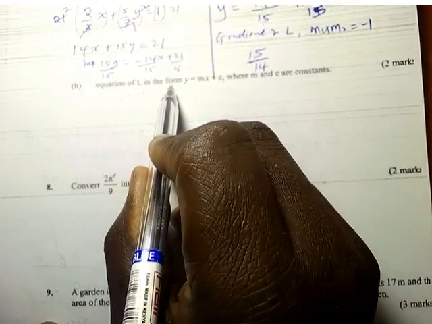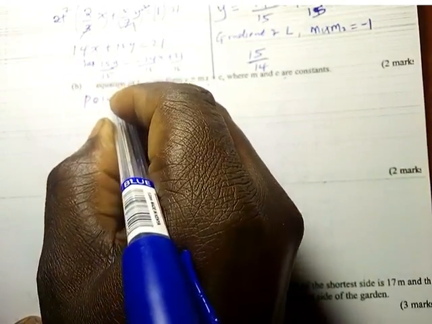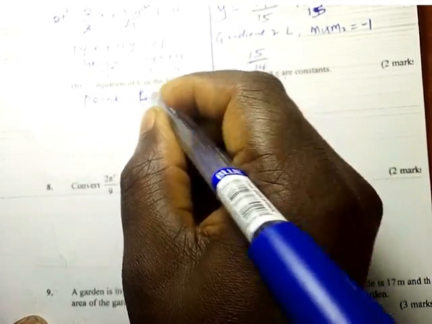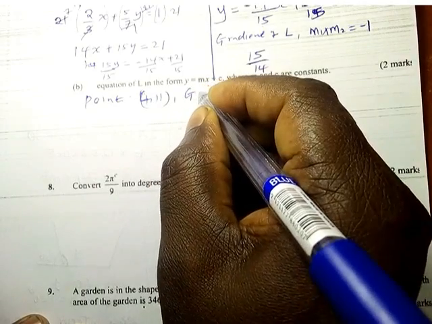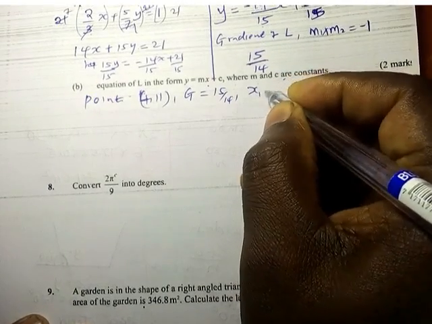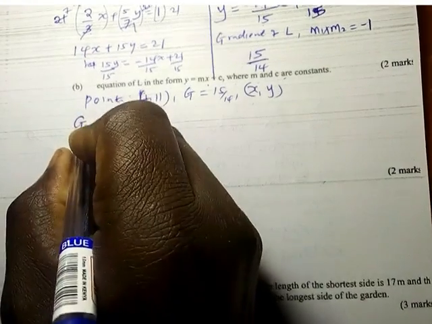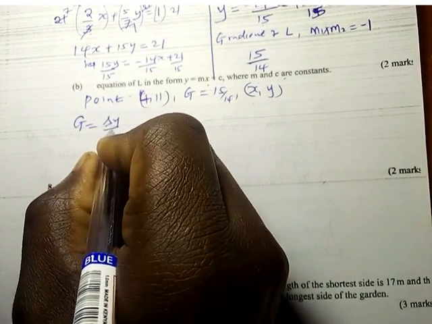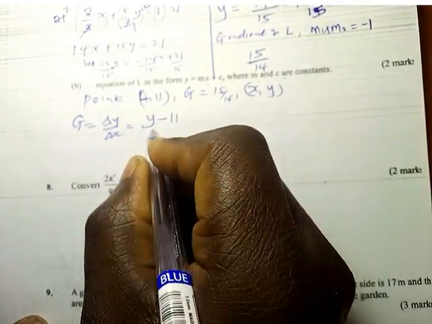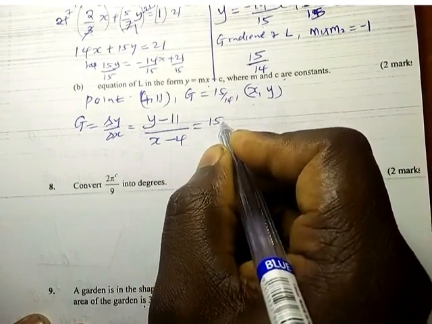Now the equation of L in the form y equals mx plus c. We have the point where L passes, which is (4, 11), and we have the gradient of L as 15 over 14, and we have the general point (x, y). Now we can get the equation. We know that the gradient equals change in y over change in x. So we have y minus 11 divided by x minus 4, and the answer is 15 over 14.